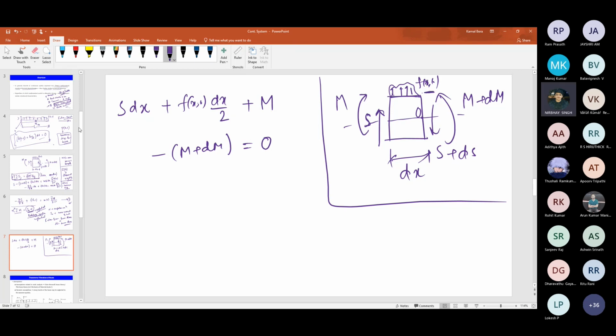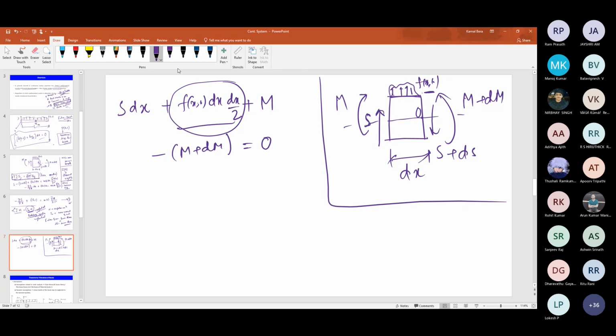Yes, so there should be dx into dx by 2, correct? Yes, sir. Okay, so here it will get cancelled out, and you can ignore this dx square term, a higher order term, in small deformation theory.